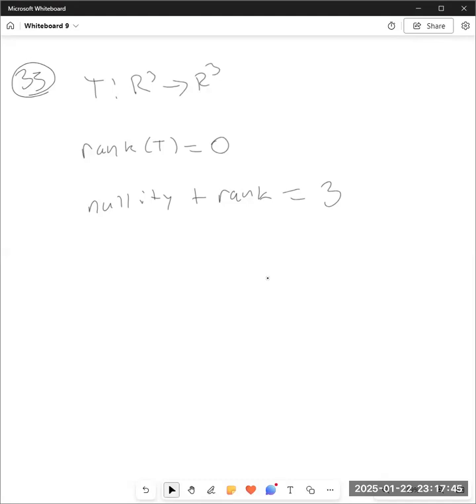So it's got to be 3. So if the rank is 0, then the nullity has to be equal to 3.